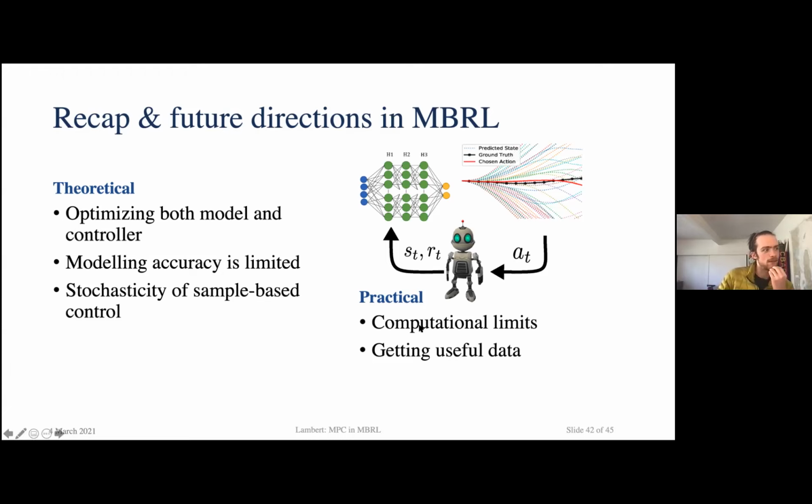And then practically, we need to make this work on more types of robots, so that it's a bit safer. These practical considerations can also be linked to all of RL. Getting safe samples of data is very important and currently underexploited because a lot of work is in simulation.